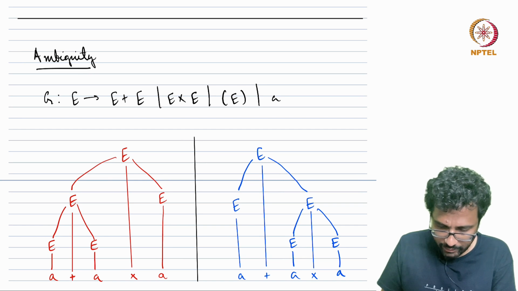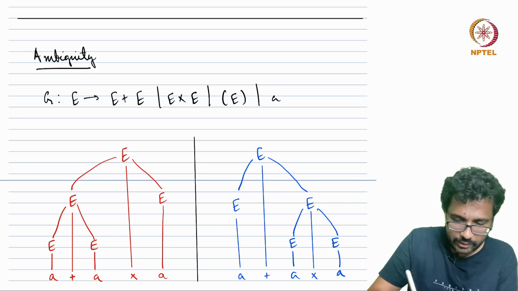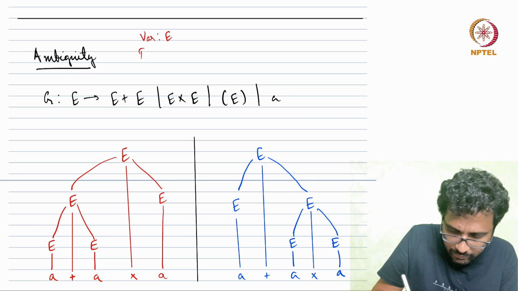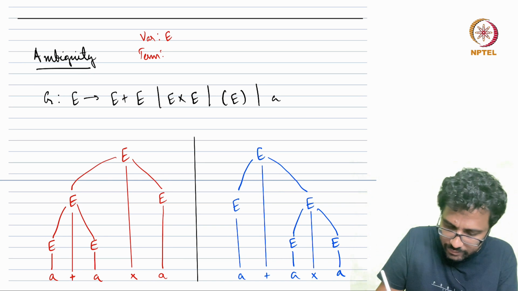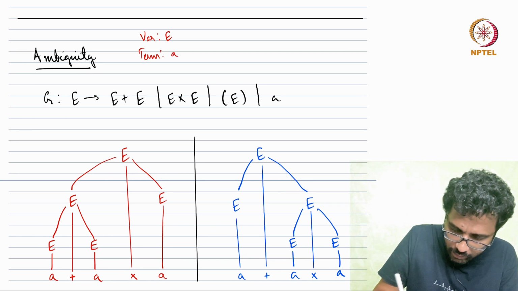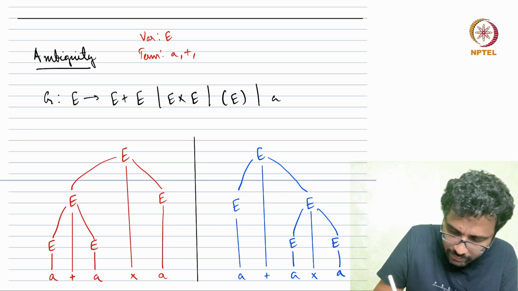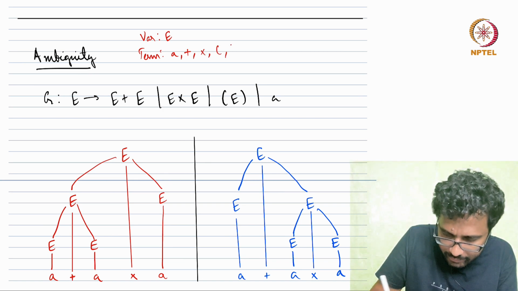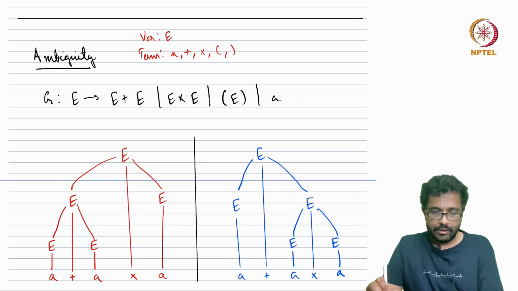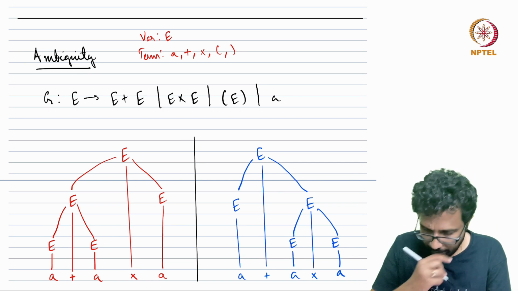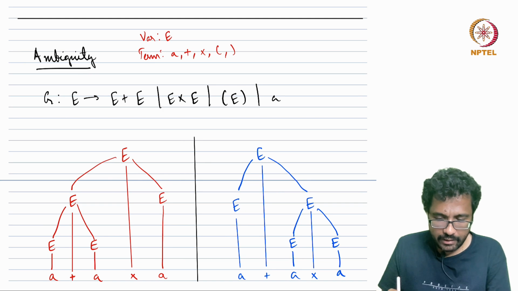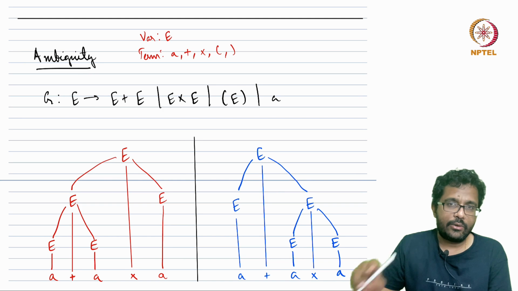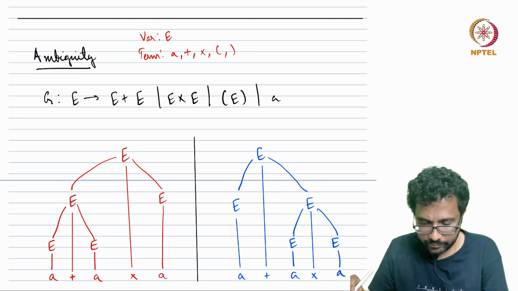There is only one variable, E, and there are 5 terminals: a, a plus symbol, a multiplication symbol, an open parenthesis, and a close parenthesis. There are 4 rules: E yields E plus E, E yields E times E, E yields open parenthesis E close parenthesis, and E yields a.